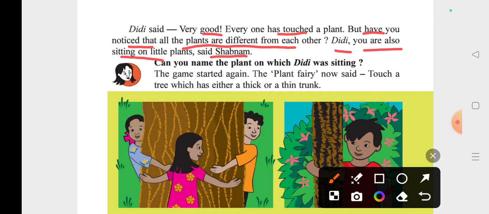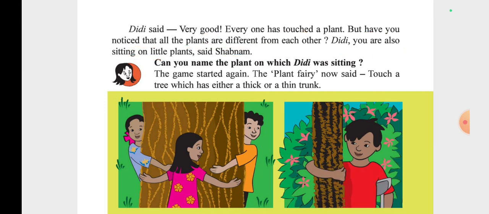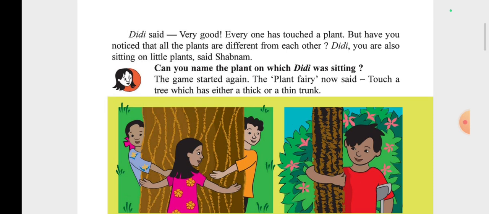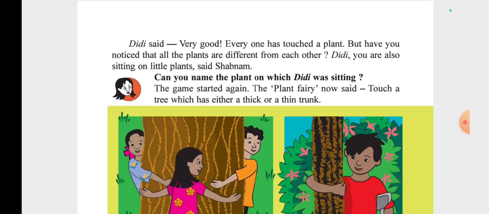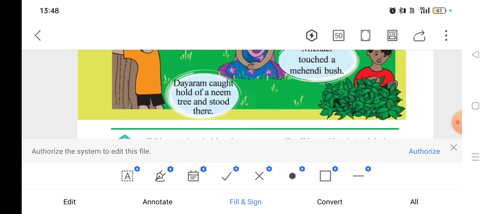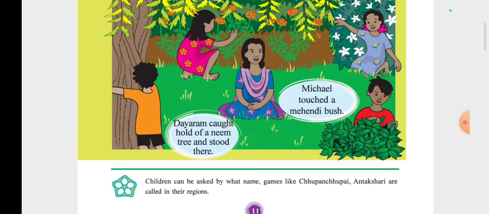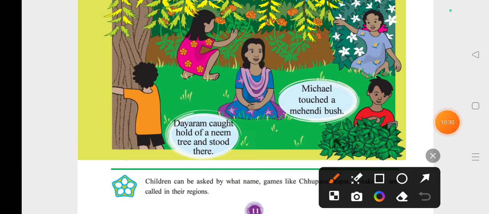Now we saw that there are different types of plant, and here Didi is sitting on which plant? Can you name the plant on which Didi was sitting? Let's see. So Didi was sitting on grass. Grass comes under creeper because all grass always creeps on ground. Okay.